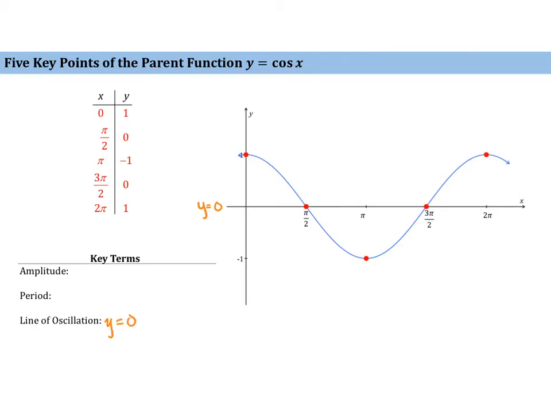The amount we deviate, or the distance we deviate from the line of oscillation, is the amplitude, which is 1. And we've already stated that the period, the length of the cycle for it to repeat, is 2 pi.